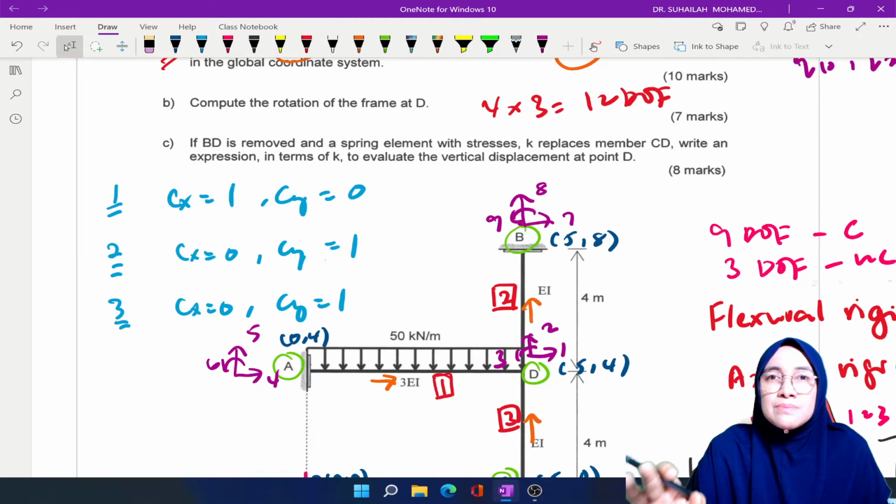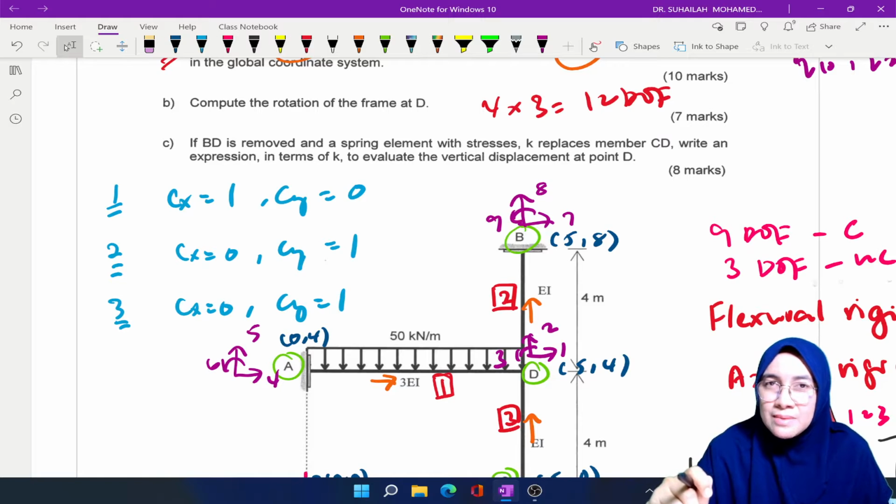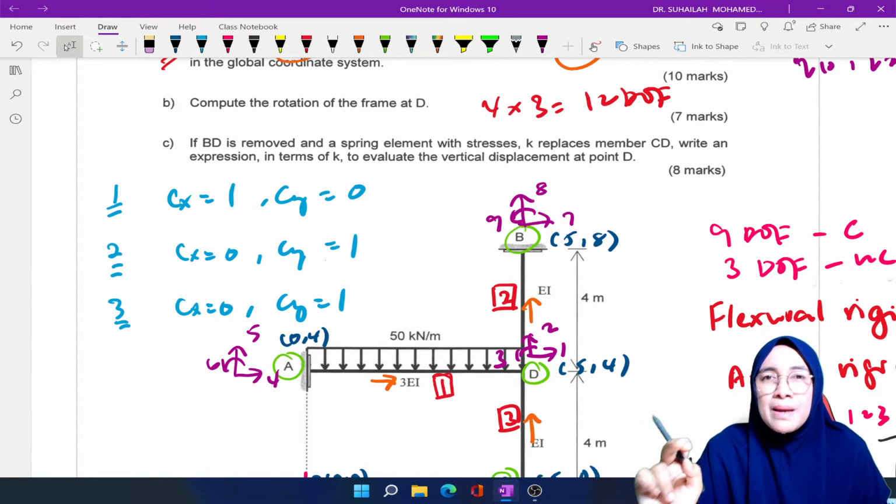UDL is a member load. It means that we need to distribute the UDL, because the UDL is applied along the member, and the member cannot carry load like that. What we need to do is to distribute it equivalently to the nodes. We call it Q naught.